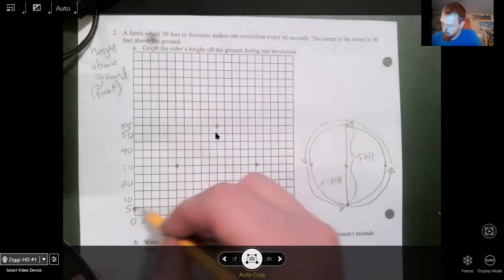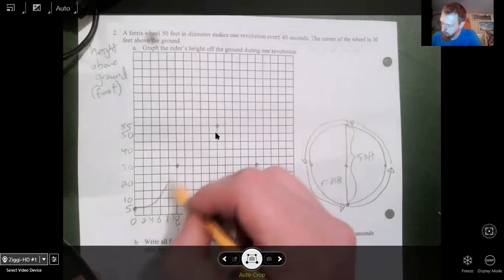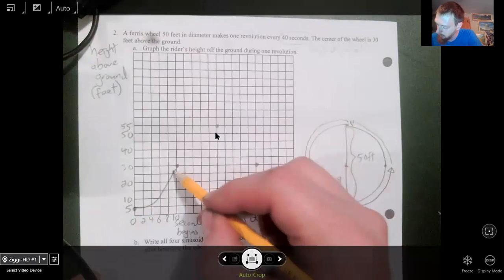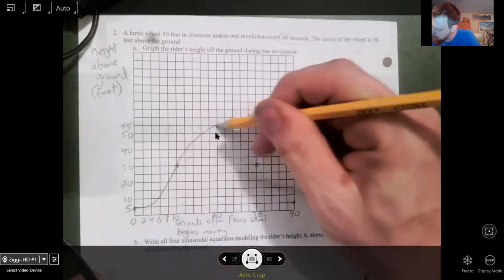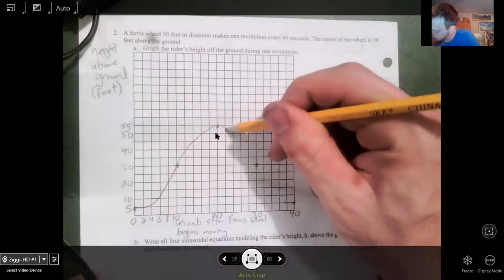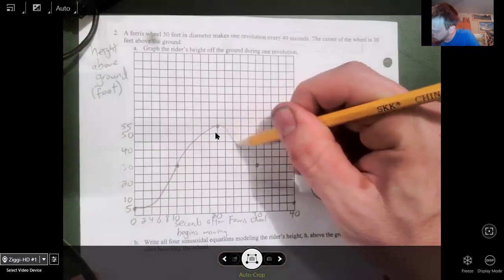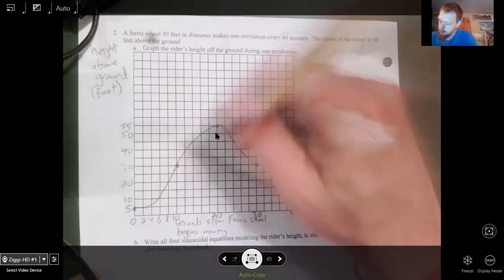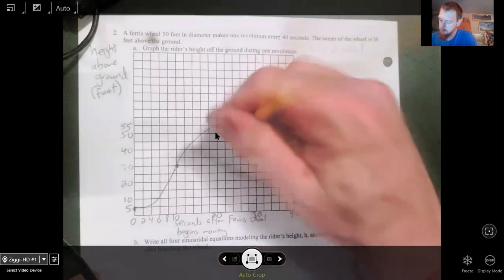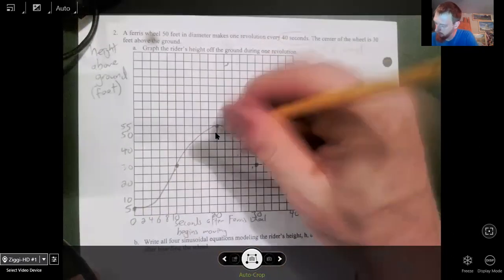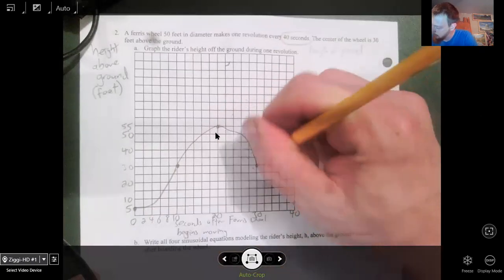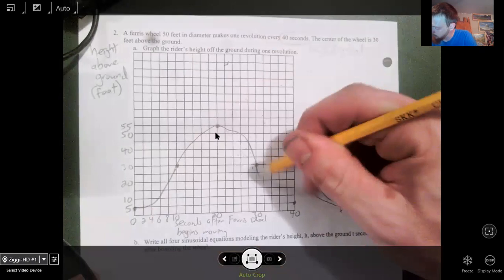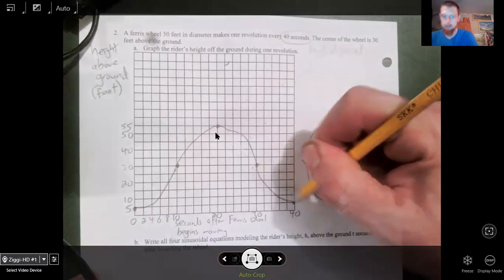Not so. It's a sinusoidal equation that's going to model his height. So it's going to build up like this and then come down. We want to make it more symmetrical than that. There we go. And finally, it's going to tail out like that.